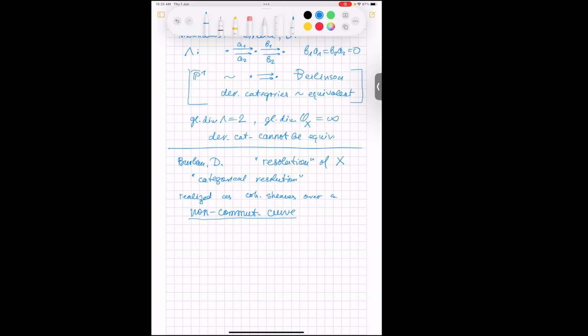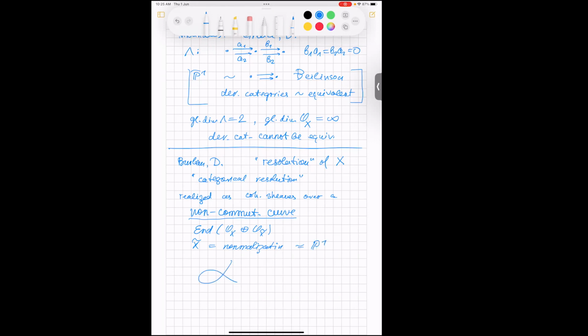Namely, what we did, we considered the following sheaf, namely endomorphisms of the following: we took O_X plus O_X tilde. X tilde is just the normalization. But in our case, it is just the projective line.